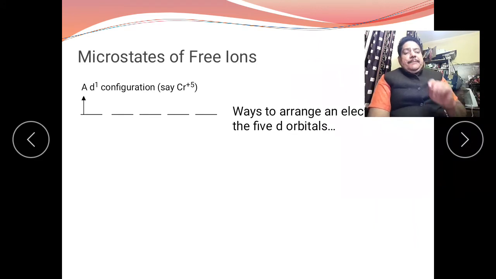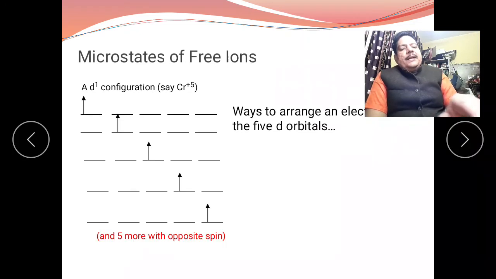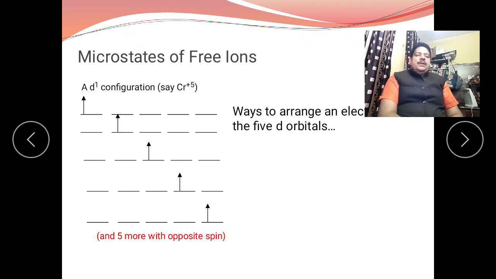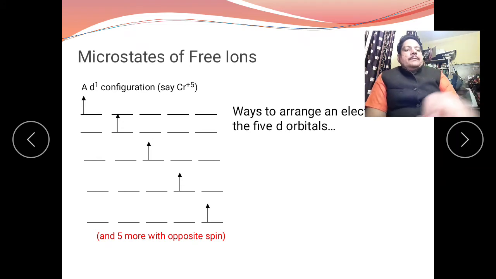In fact, if we consider, for example, chromium in the +5 oxidation state, there is only one electron in the d orbitals. It can be configured in +2, +1, 0, -1 and -2. It means that a total of 5 configurations are possible in this chromium +5 oxidation state metal ion.